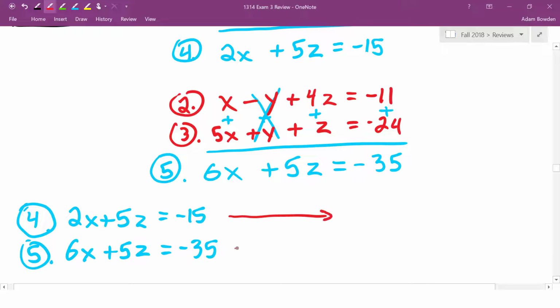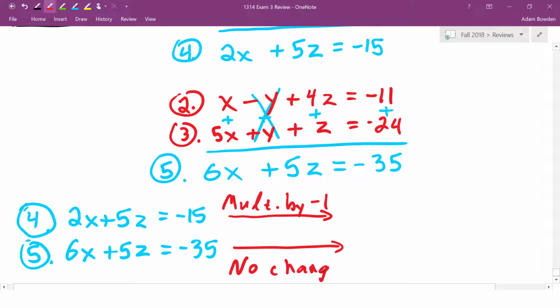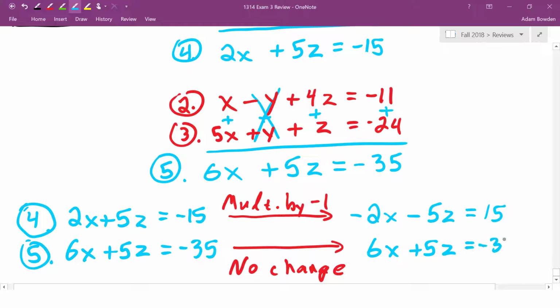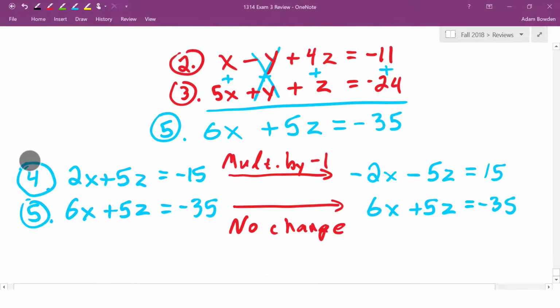So what I'm going to do here is I'm going to take the top equation and multiply by negative 1. And that's going to change the signs around, flip around all those signs. So this will look like negative 2x minus 5z equals positive 15. Just flipping around the signs is really all that accomplishes.